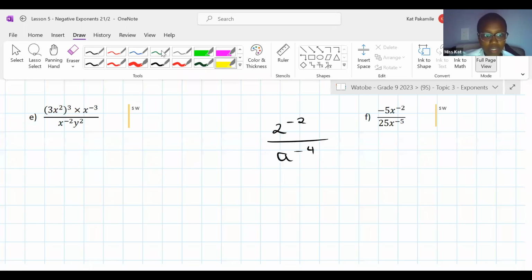We have a negative 4 and we have a negative 2. We don't want those. So the 2 has to move to the denominator, but the a has to move to the numerator. So in the numerator, we're going to have a to the 4, and in the denominator, we're going to have 2 squared. Okay, do we all understand?